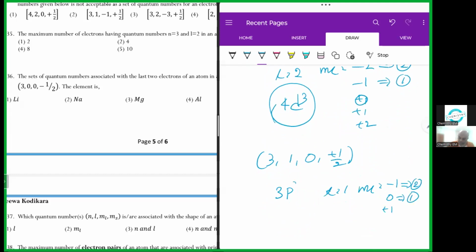So this is 3p3. It is in the third period, p block. There are 3 electrons in the p orbital. So this is how you decide it.